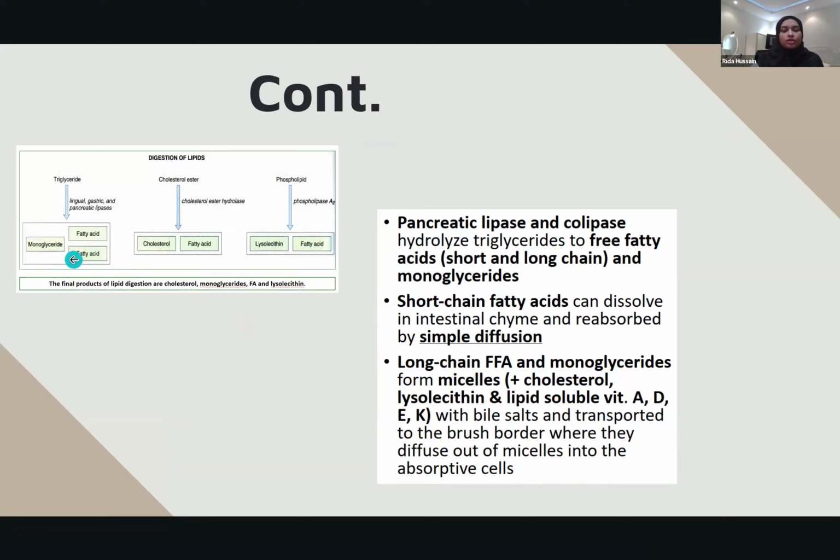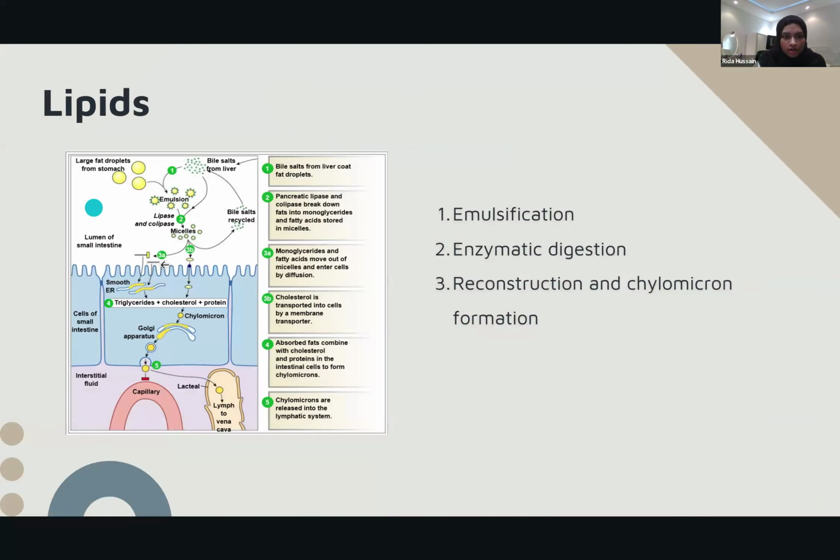They break the triglycerides, the cholesterol esters, and the phospholipids down into cholesterol, lysolecithin, fatty acids, and monoglycerides. Now, the fatty acids range in their chains, so they can be long or short, as I mentioned earlier. The short ones can just go into the enterocyte by simple diffusion. They can dissolve into the intestinal chyme and are reabsorbed by simple diffusion, as you saw over here.